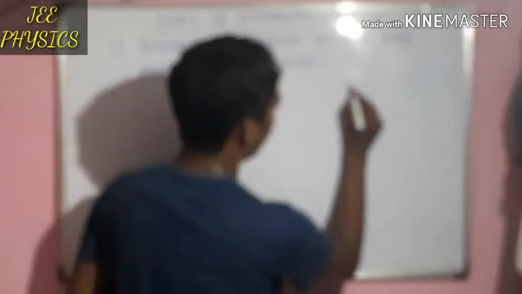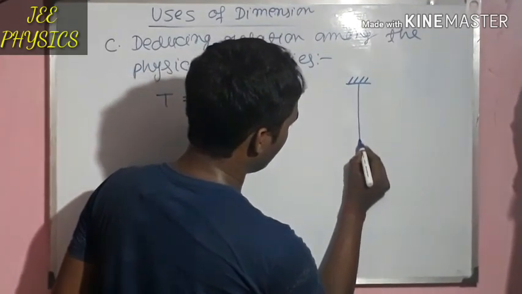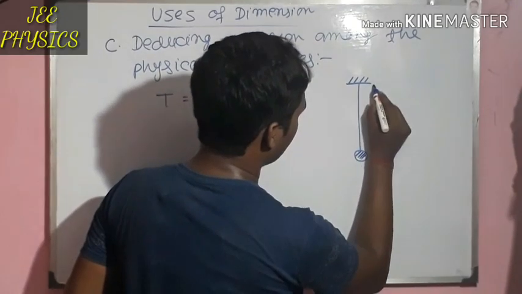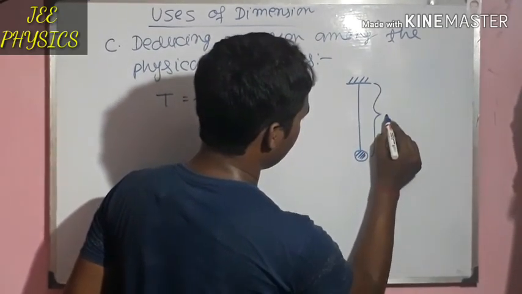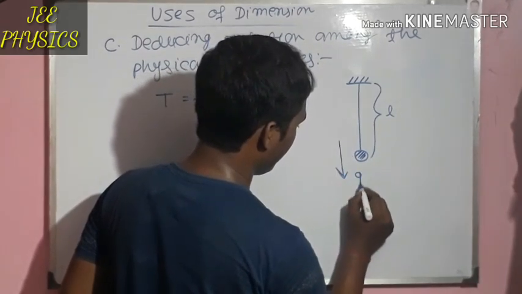So here we have a pendulum. The length of the pendulum is L, and here acceleration due to gravity is g.